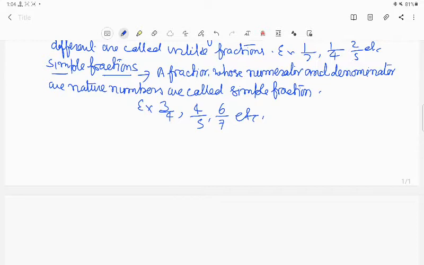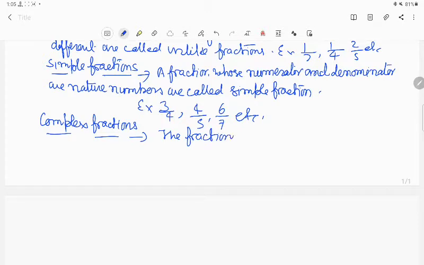Complex fraction: a fraction whose numerator and denominator both are fractions, or any one is a fraction, that is called complex fraction.